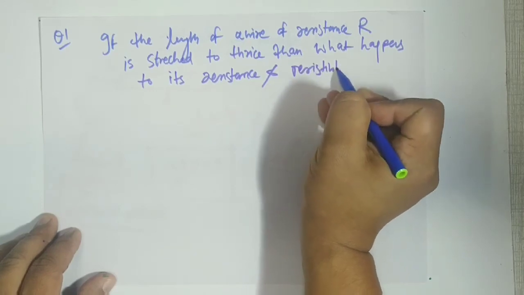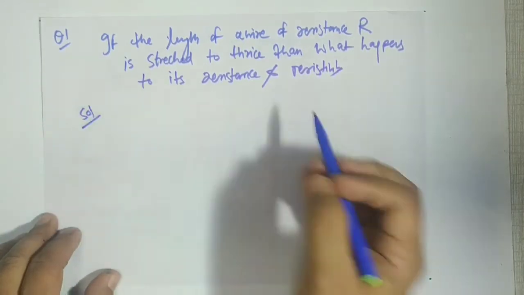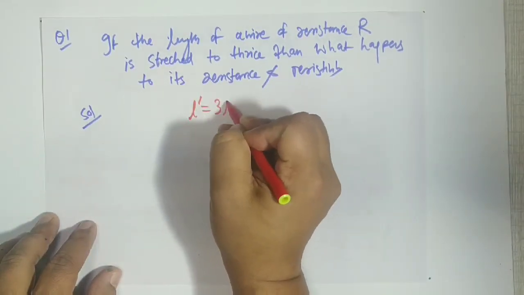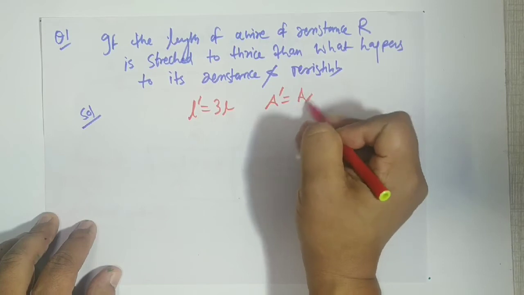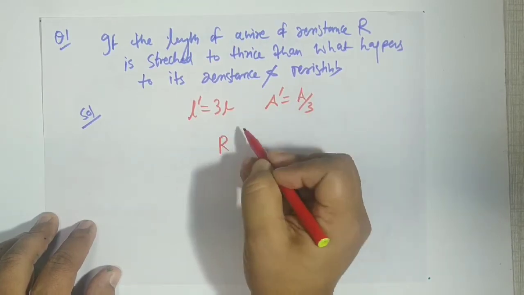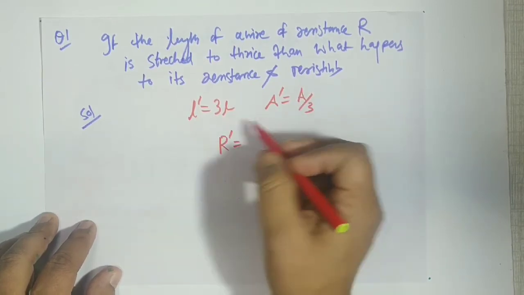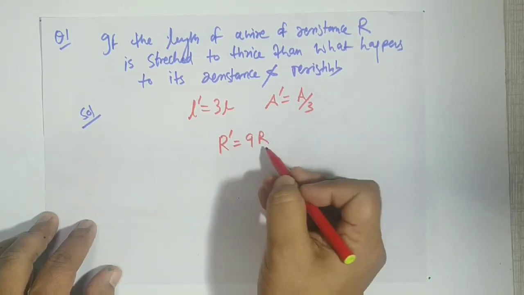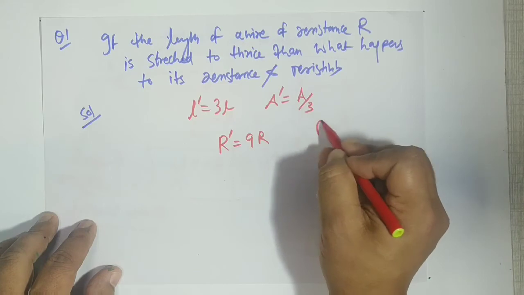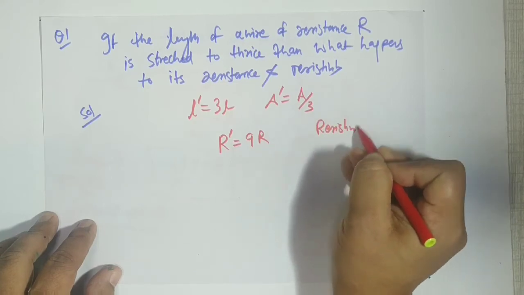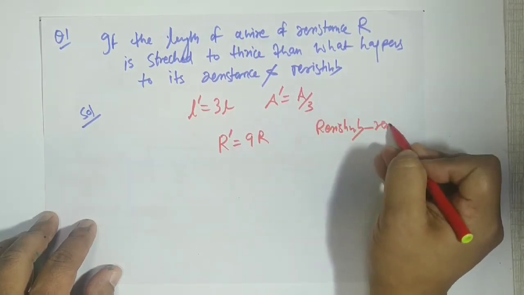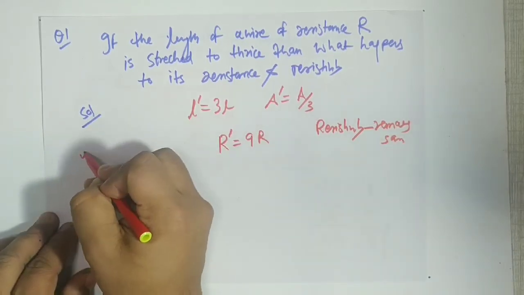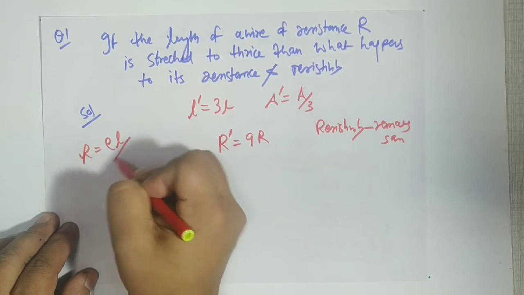I think all of you know this question, very simple. L dash is 3L, so A dash will become A by 3. I can write directly that R dash will be 9 times R. The resistance becomes 9 times R, and resistivity remains the same.